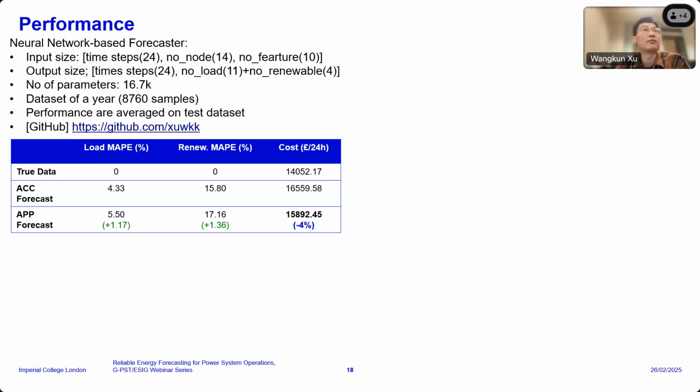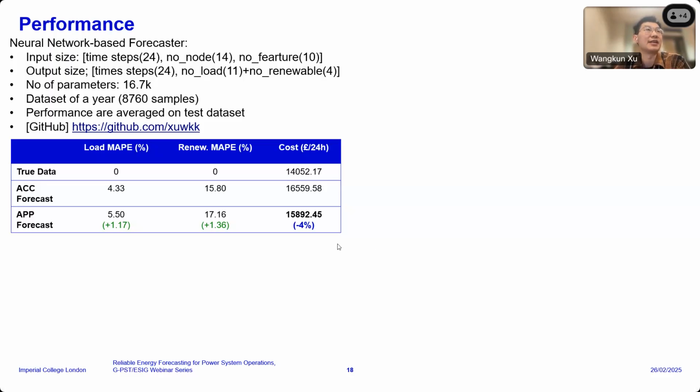The second dimension is the number of nodes, 14, because it's a 14-bus system. And we have 10 features, plus some previous energy profiles, which we also include as features. The output size is similar to the input, with 24 hours as time steps. The forecast covers the number of loads, which is 11 in this system, plus the number of renewables, which is 4. The total number of trainable parameters in this neural network is around 16,000.